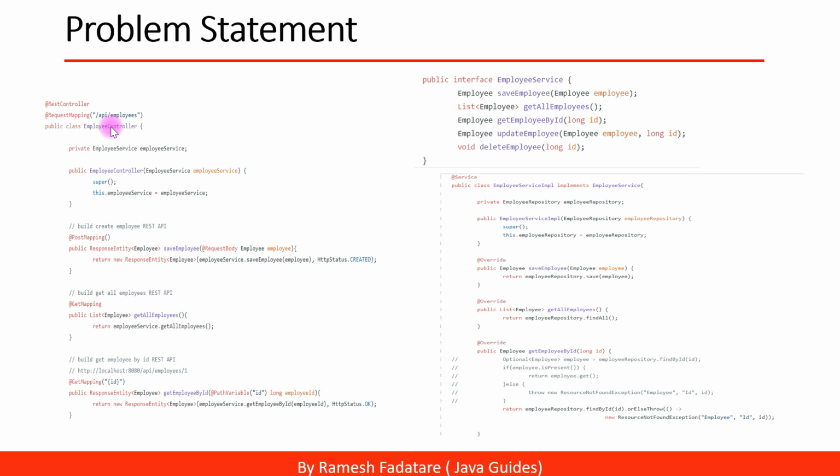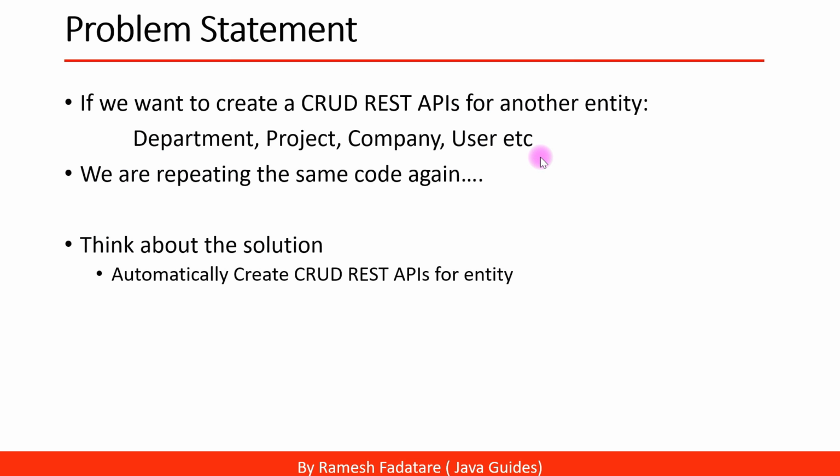Okay, so we have a controller, service interface, service implementation class. For each and every entity we need to create these 3 files, right? So Spring Data REST basically automatically creates REST endpoints for the entity. We no need to write REST APIs. Okay, that is the beauty of Spring Data REST.